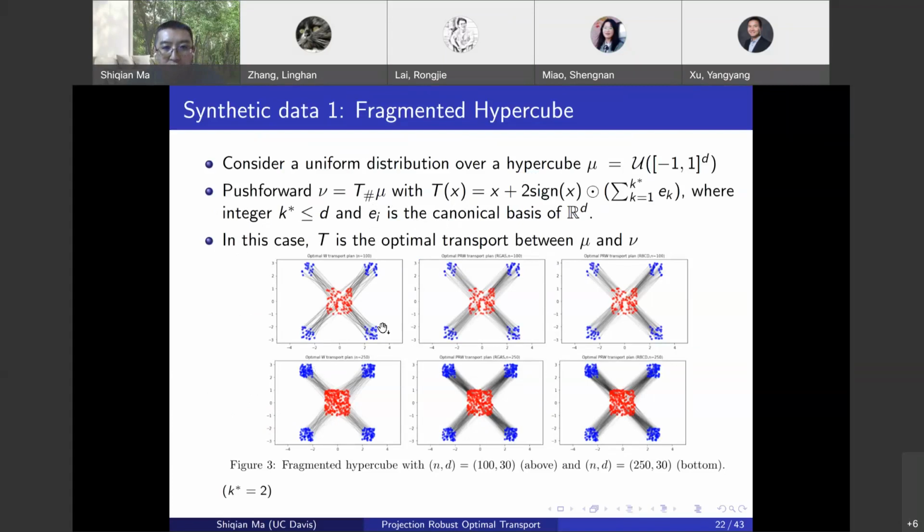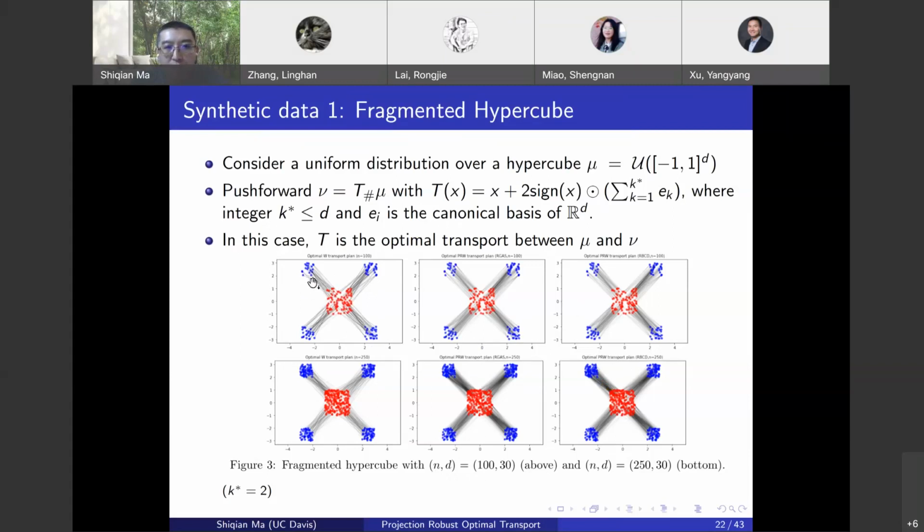I show some numerical results here. There are two rows. The first row corresponds to the case where n is equal to 100, where n is the number of sampled data points. Basically, in each figure, you want to move these red points to the blue points.